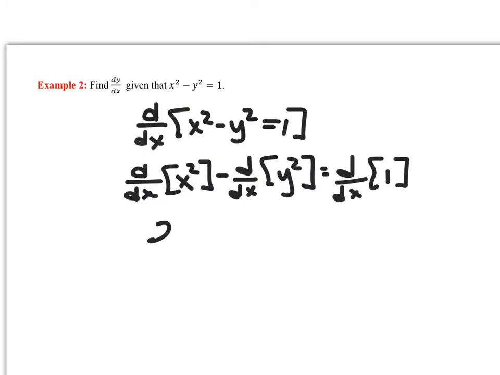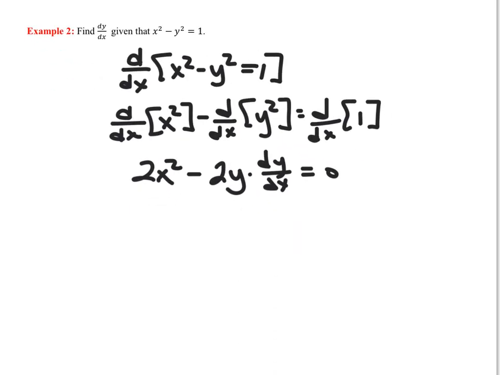So d dx of x squared is 2x. Here I've got some chain rule to go for here. So I got 2y times the derivative of y with respect to x. And that'll equal 0. So to find dy dx, I just isolate.